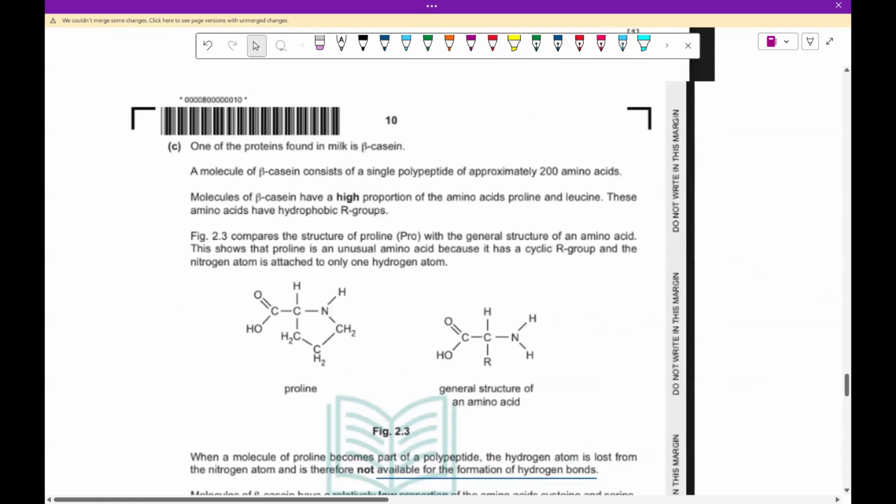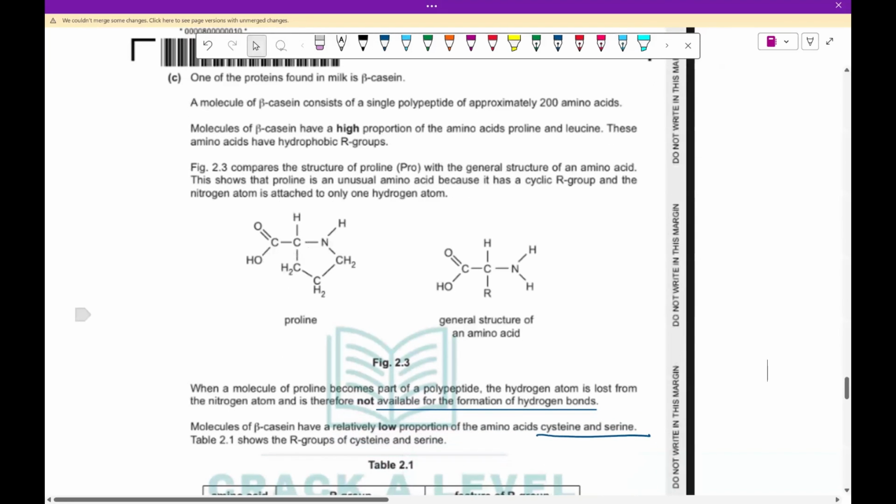They told us that it's a hydrophobic R group, right? So that means that it is non-polar. But if it was charged, it would form ionic bonds. I think that should be a valid point, but I don't see it in the mark scheme.